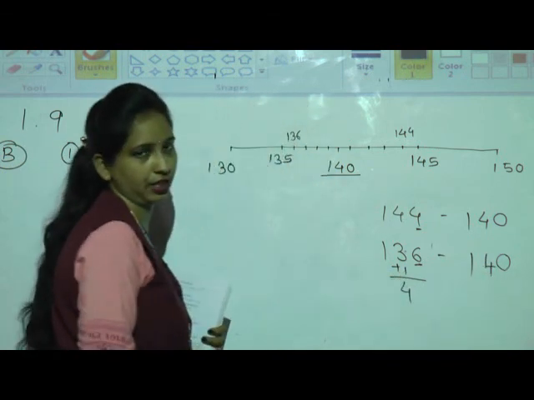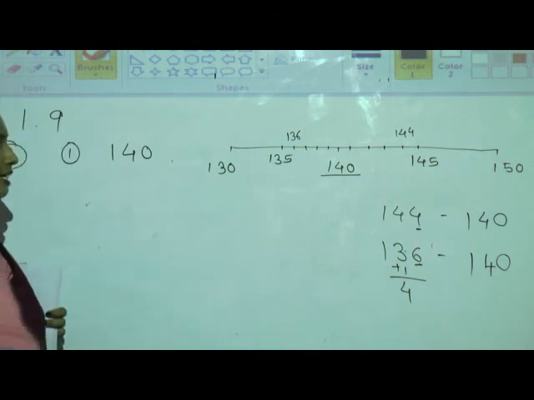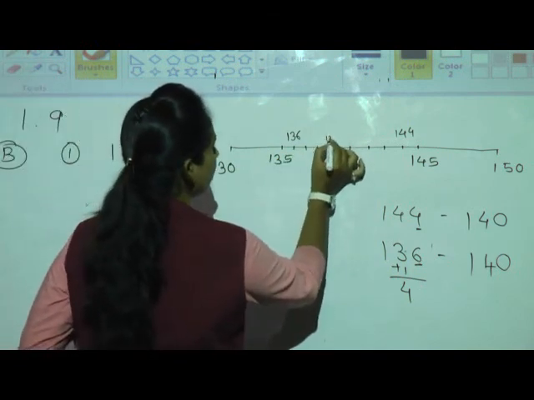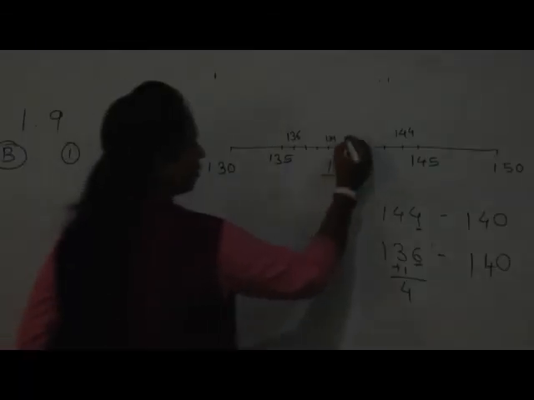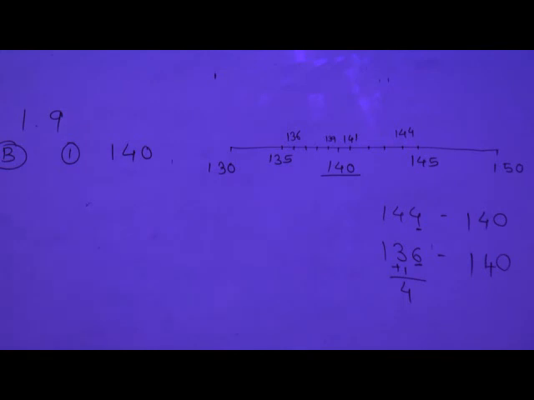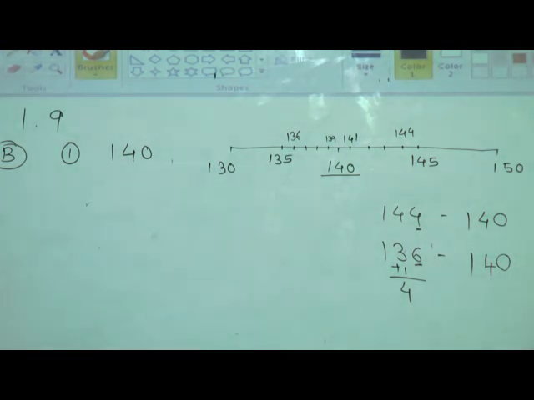See, 140. So now we can say from 136 to 139 and from 141 to 144, these numbers can be rounded to the nearest 140. So the answer, how will you write?